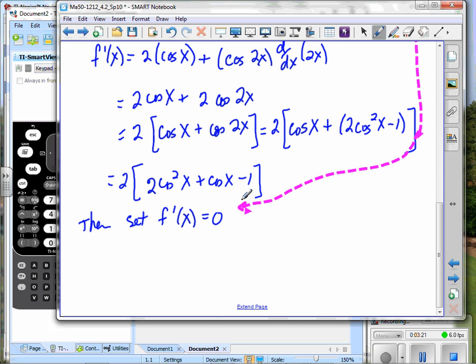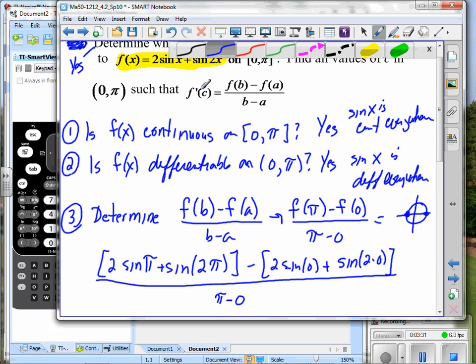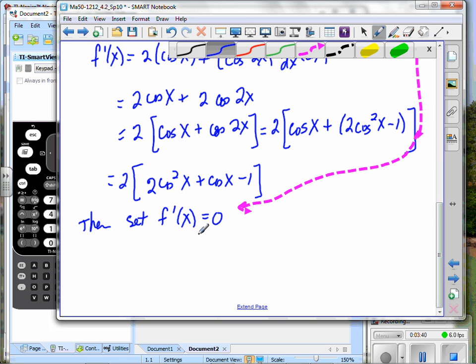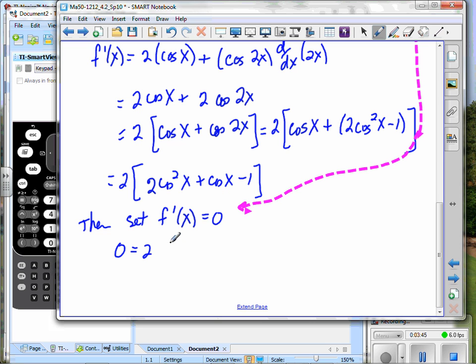If I do that, then again, the theorem states, let's go back to the theorem here. The theorem states that the derivative has the same value as the slope of the secant. And so if I know the slope of the secant is 0, then the derivative must also be 0. So I have 0 equals 2 times 2 cosine squared x plus cosine x minus 1.